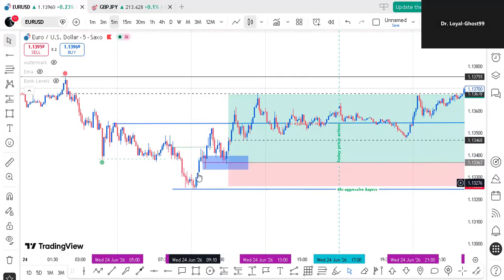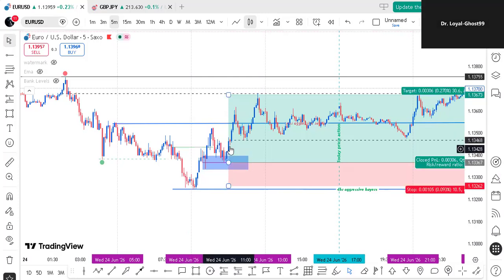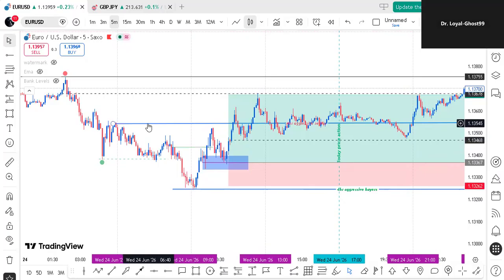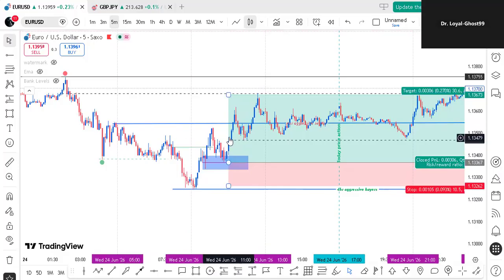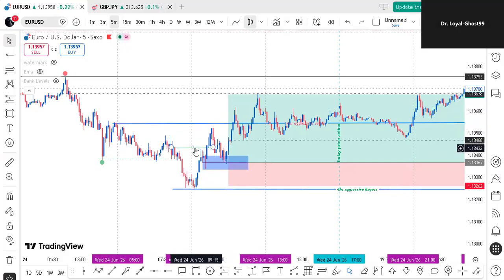What do we notice? The demand was so high that it broke out of this previous 4-hour range we had right here. It broke out. Now this is a shift after this change in state of price delivery.